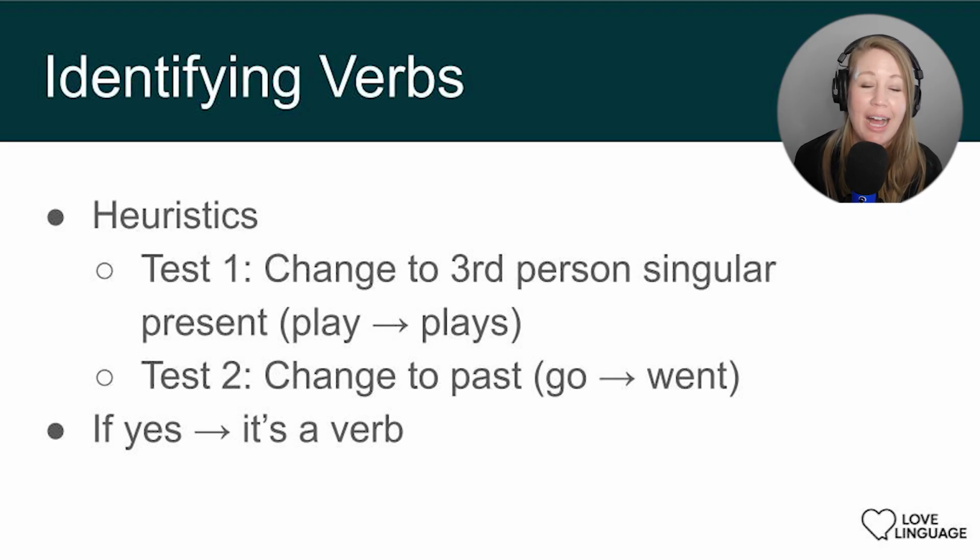For example, I go becomes I went. Or they play becomes they played. So if a word passes either of these tests, it's almost certainly a verb. This works because nouns, adjectives, and adverbs, other parts of speech, don't change in these ways. Only verbs flex to show tense and show aspect.